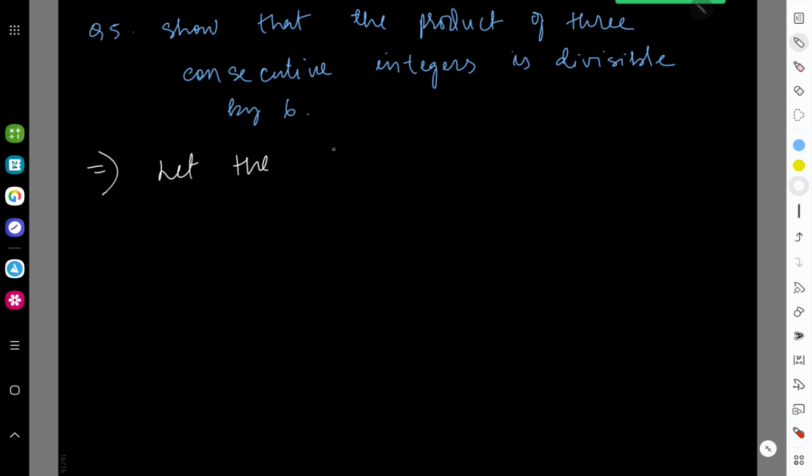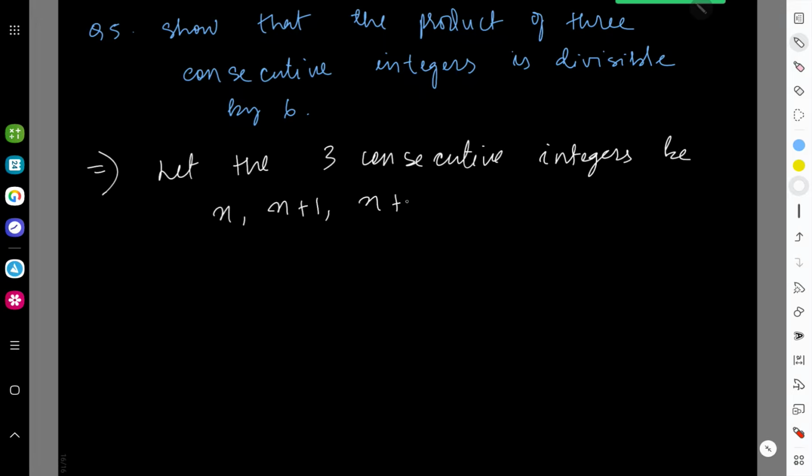Let the 3 consecutive integers be n, n plus 1, n plus 2. Their product is equal to n times n plus 1 times n plus 2. We must show that this product is divisible by 6.